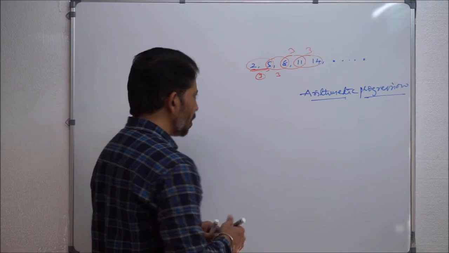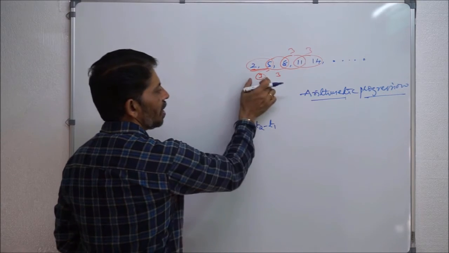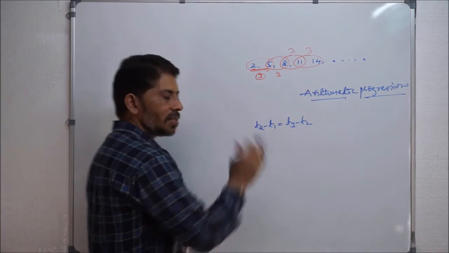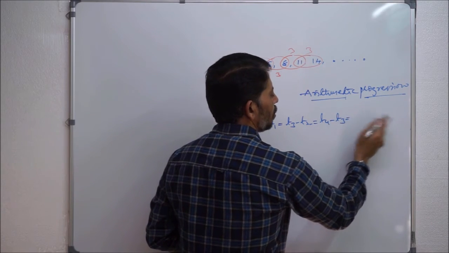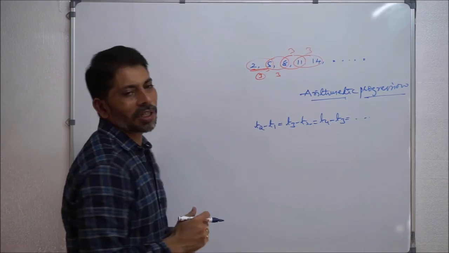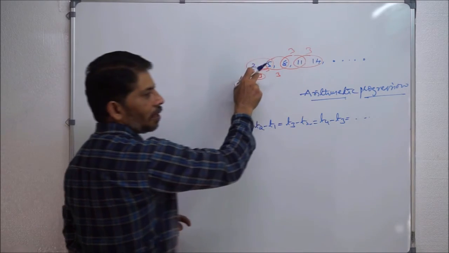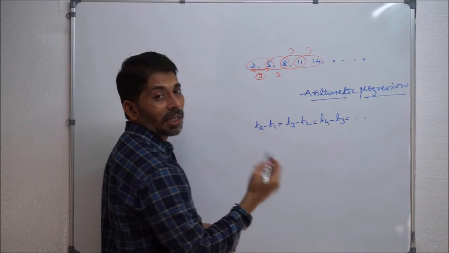Now here if you observe, T2 minus T1, what is that? 3. This is equal to T3 minus T2. This is equal to T4 minus T3. So these are always the same. Such a progression is said to be arithmetic progression. In some textbooks, instead of T1, T2, they may use A1, A2, A3 also.